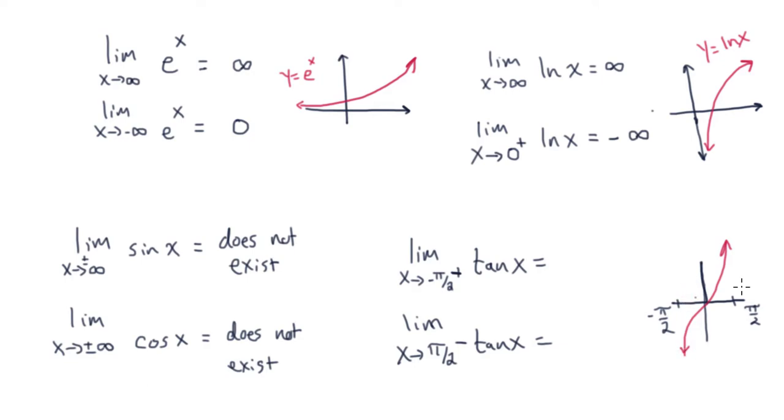And the reason it looks like this, so there really are vertical asymptotes here and here. So this is going to be negative infinity, and this is going to be infinity. And the reason this is the case is because tangent is really sine over cosine.